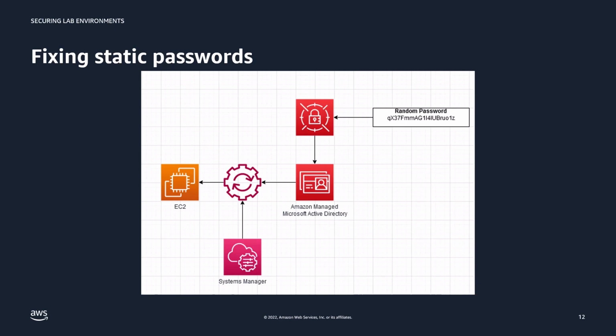We can then set up a managed Microsoft Active Directory using that random password as the administrative password. Finally, we can use this managed Active Directory in conjunction with Systems Manager in an automation document to automatically join our EC2 instances to our managed Active Directory as part of their creation without ever having to log into the instances.